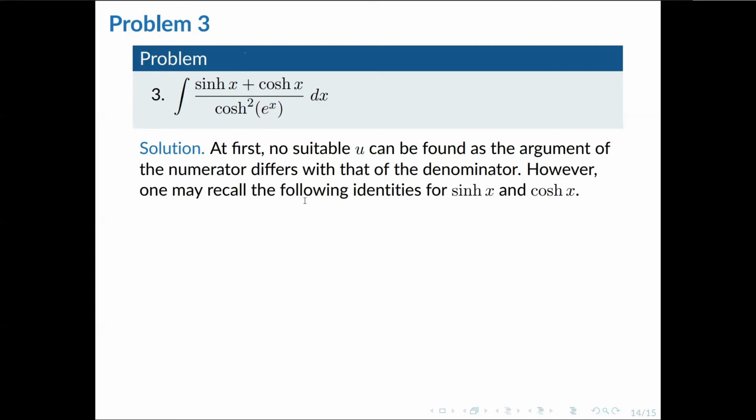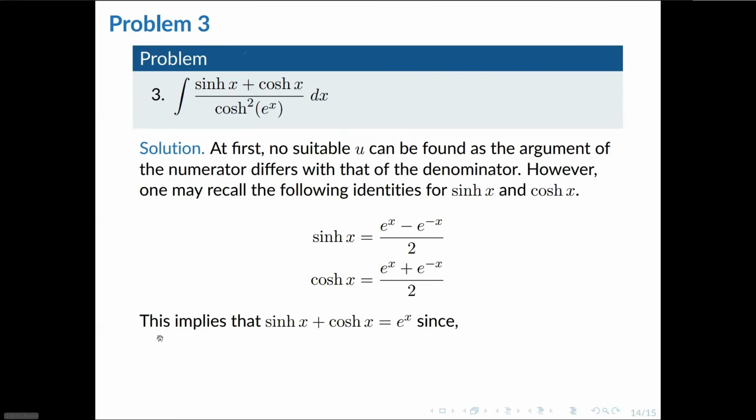However, we can recall yung following identities for hyperbolic sine x and hyperbolic cosine x can be written as these two equations. So this implies that hyperbolic sine x plus hyperbolic cosine x is equal to e raised to x. Ito yung justification to show that the sum is equal to e raised to x.